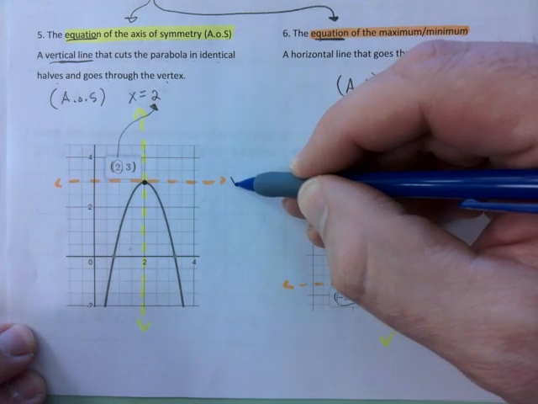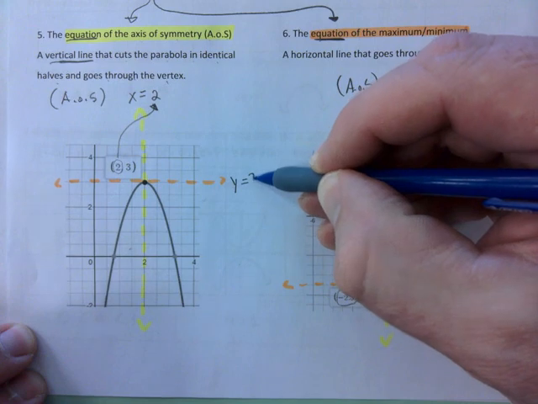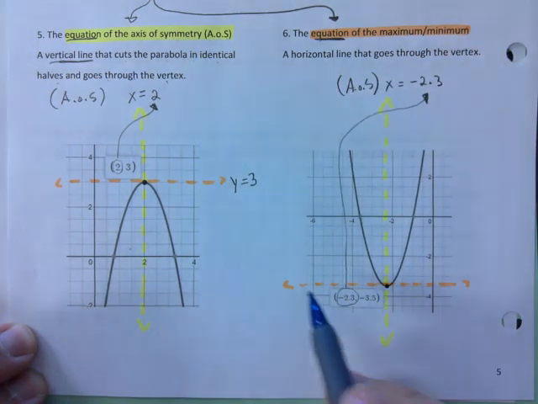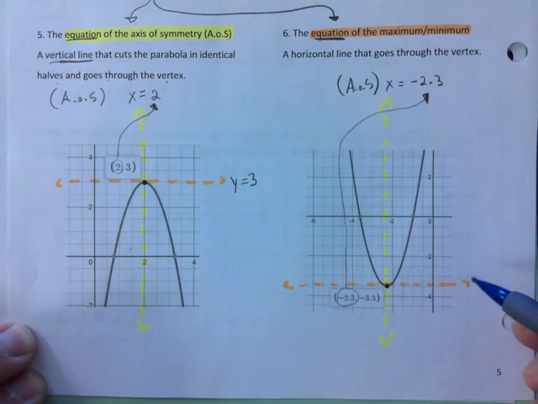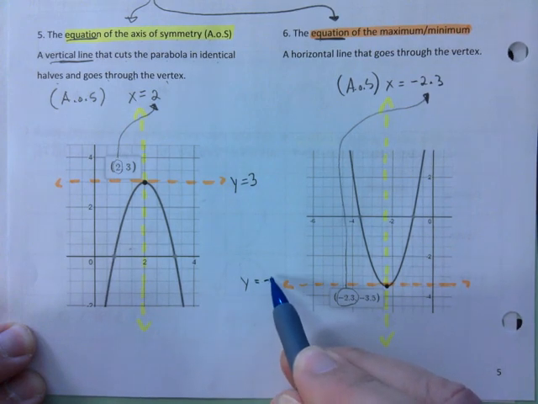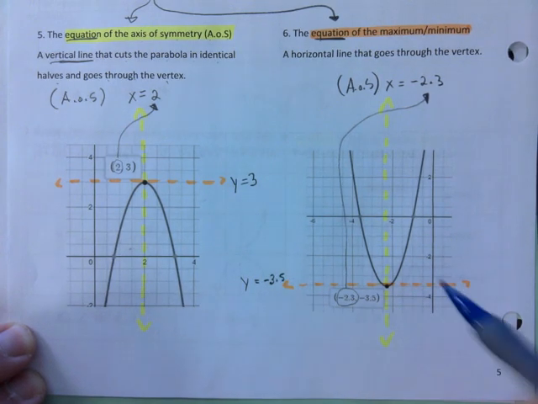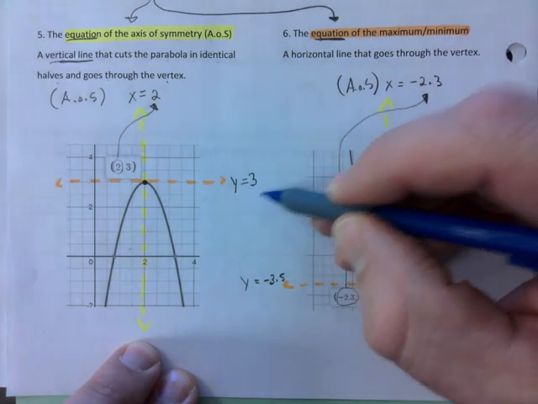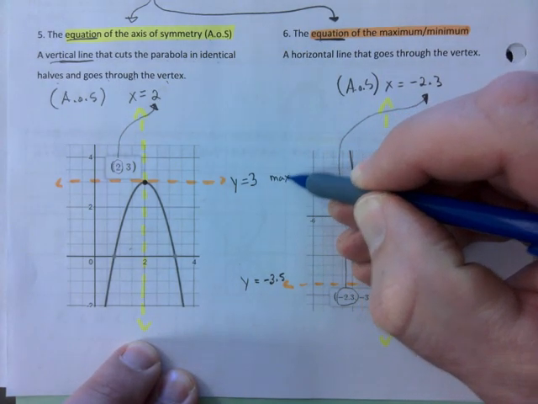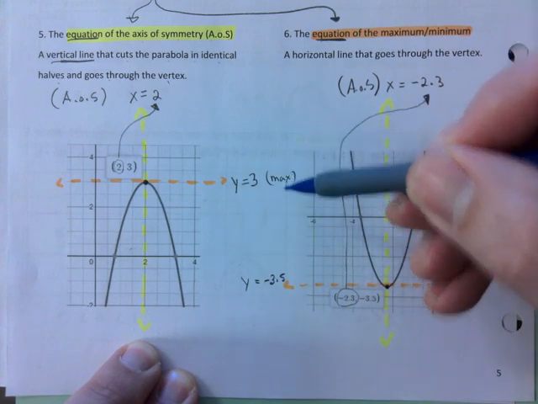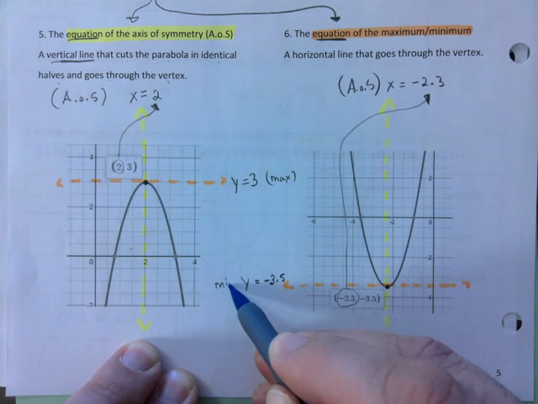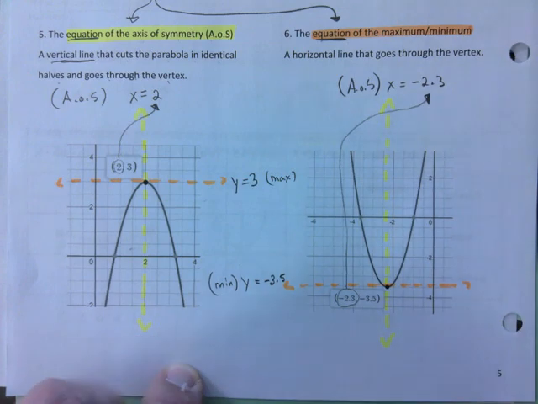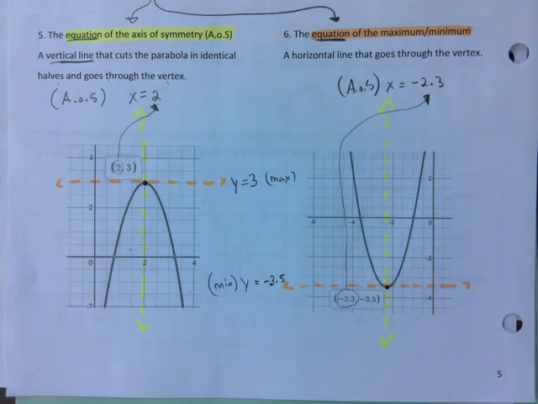So this would be the line y equals 3. And this one here would be the line y equals negative 3.5. And write down that this would be a max right here, and this would be a min. You can't have them both. It's either or.